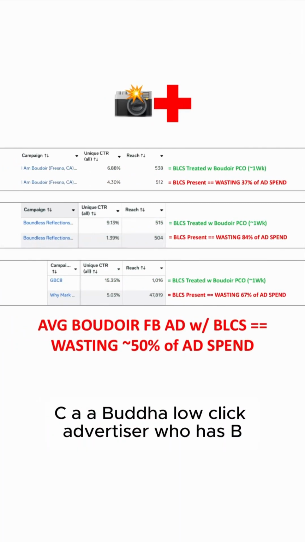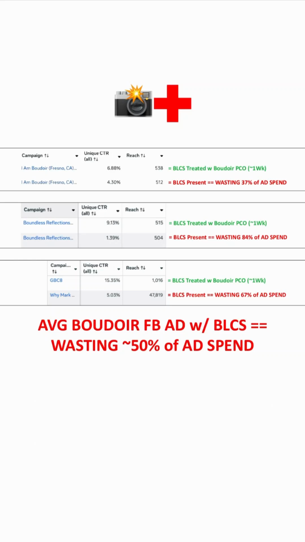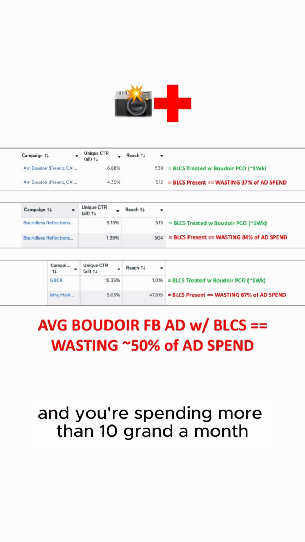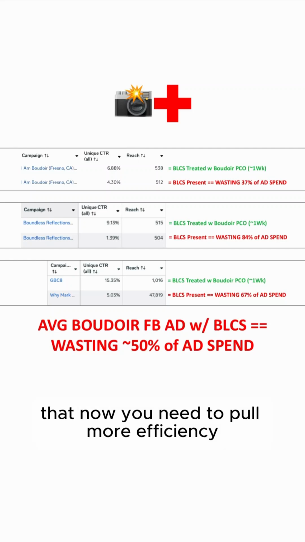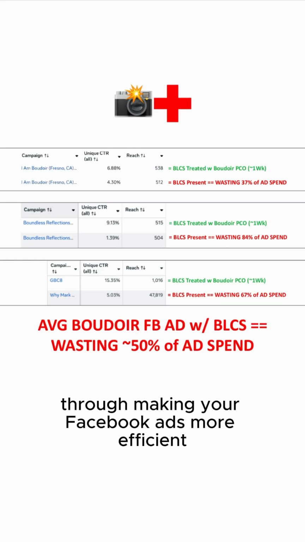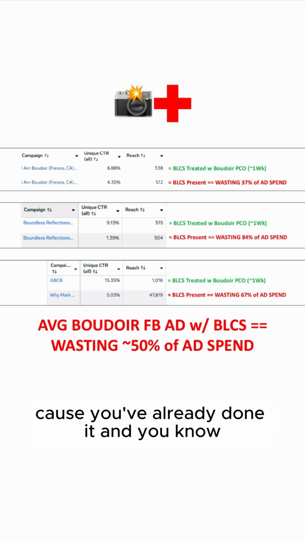If you're a BLCA, a Boudoir low click advertiser, who has BLCS, Boudoir low click syndrome, where the unique CTR on all of your Boudoir Facebook ads is under 6%, and you're spending more than 10 grand a month on Boudoir Facebook ads, and you have decided that now you need to pull more efficiency, more profit out of your business by making your Boudoir Facebook ads more efficient, because you've already done it in other places in your business.